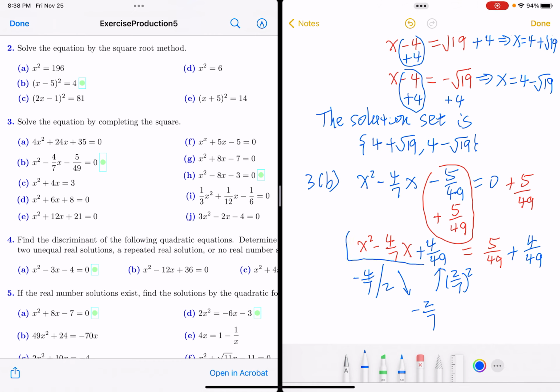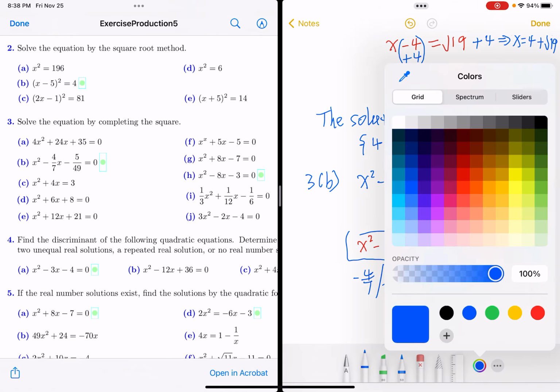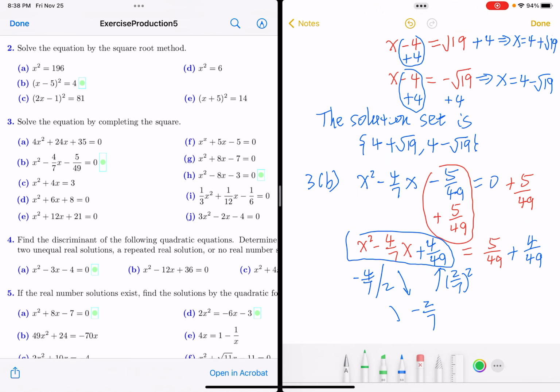This will be the complete square, which is x minus 2 over 7 squared. Right-hand side, you add those two together, which is 9 over 49.